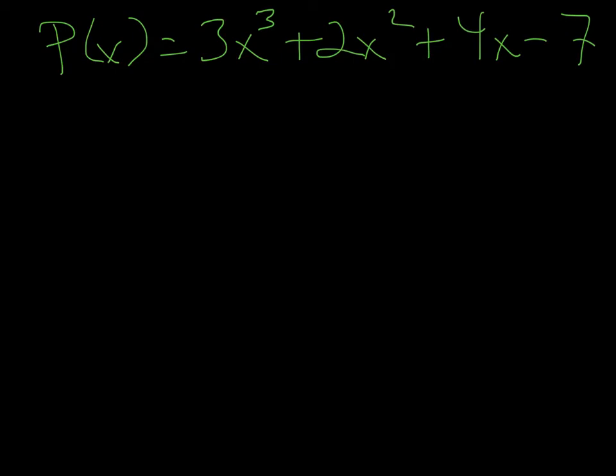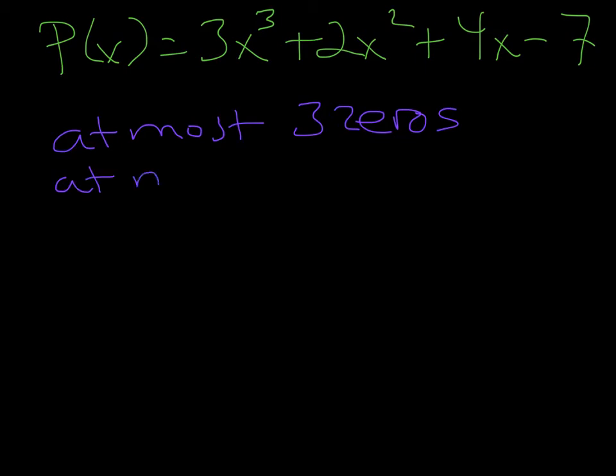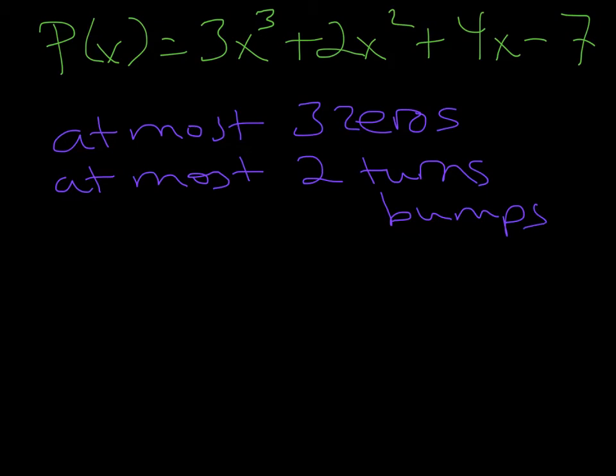So it is going to have at most 3 zeros, and at most 2 turning points, or let's just say 2 turns. Those are the bumps, remember? It could have 3 zeros, it could have less than that, but at most it's going to have 3 zeros.